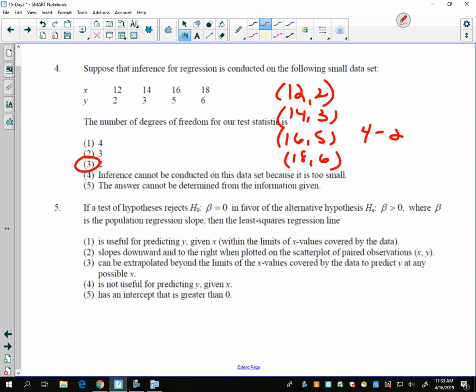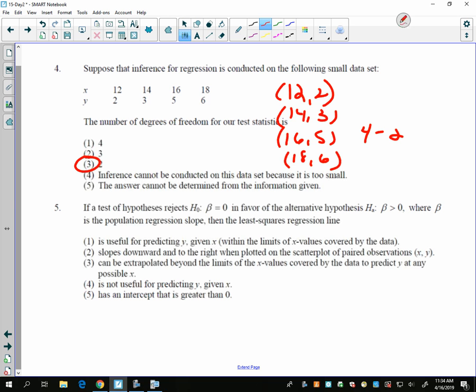All right, 5. If the test of the hypothesis rejects the null in favor of the alternative, where b is the population regression slope, what is that saying? Is it saying the least squares regression line is useful for predicting y given x? Well, they're rejecting the null.